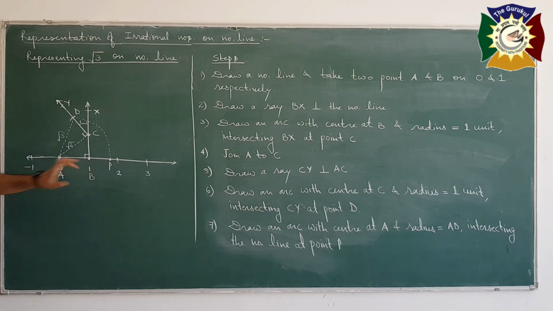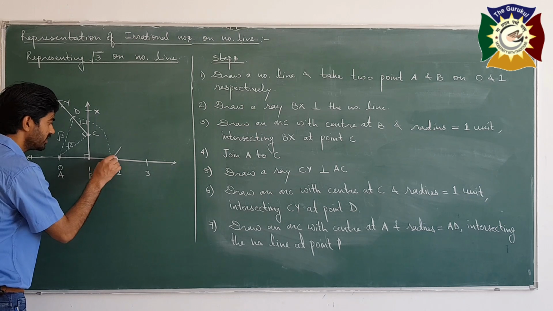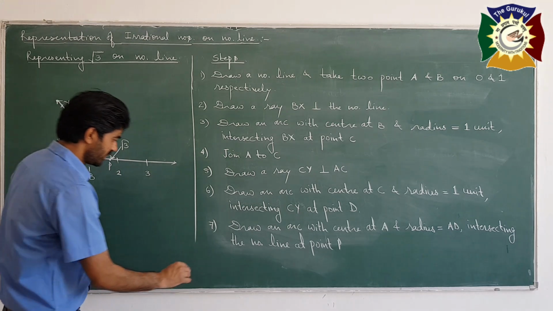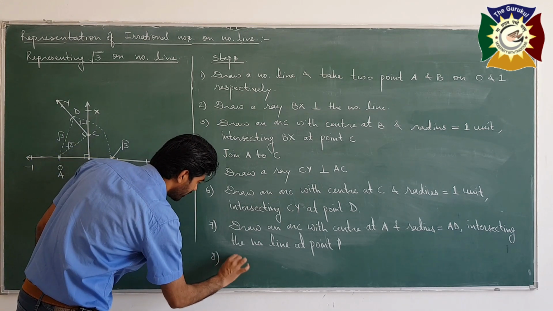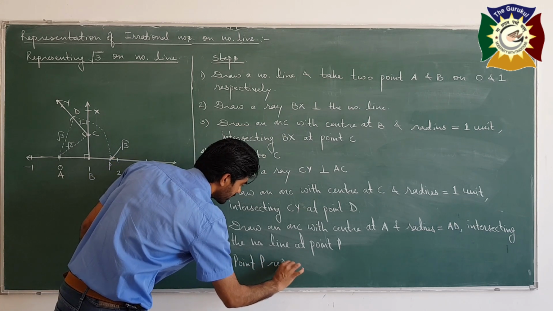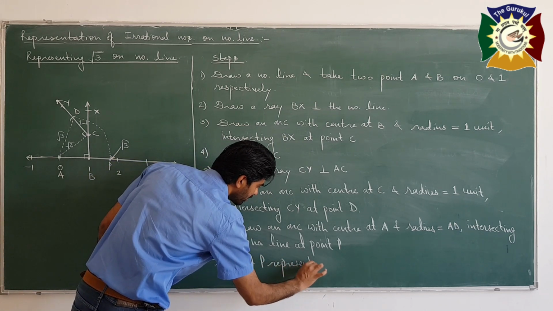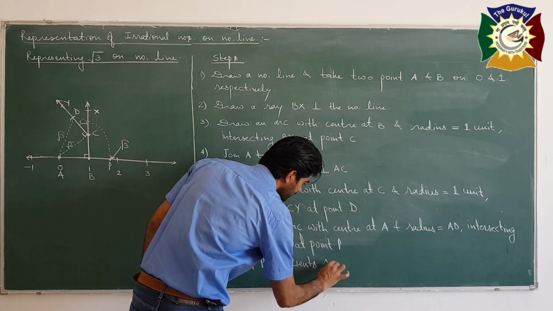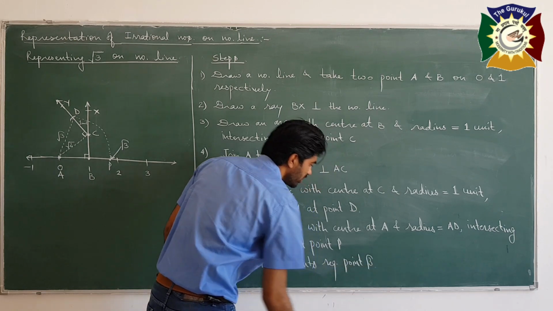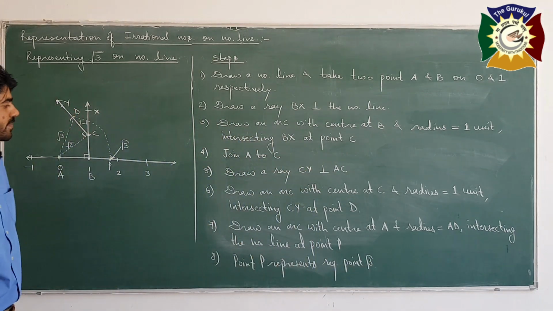Now this point P represents root 3 because this length was root 3. This length is also root 3 because we have drawn an arc. So point P represents the required number root 3.